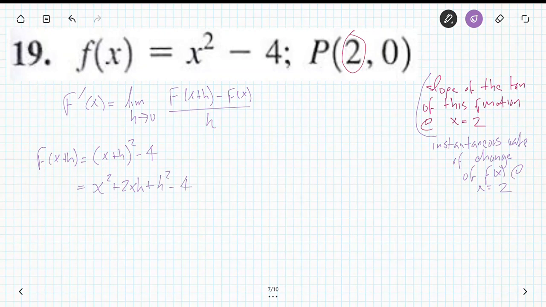All right? Okay, so now we're going to use this function, f of x plus h, and put it into our slope formula. Okay, so we're going to rewrite the limit as h approaches 0 of x squared plus 2xh plus h squared minus 4 minus the original function, which was x squared minus 4, over h.